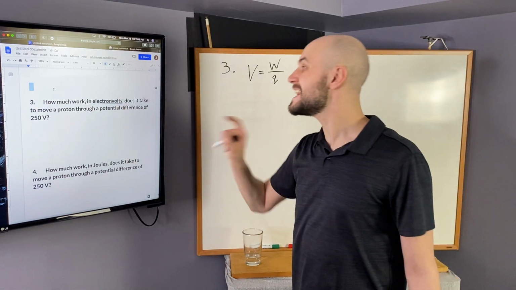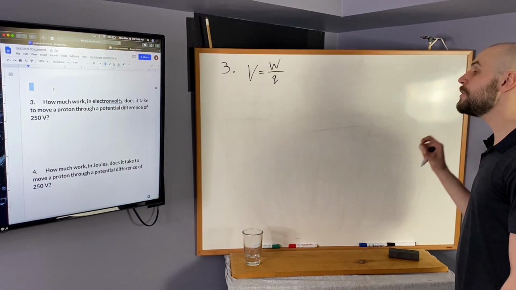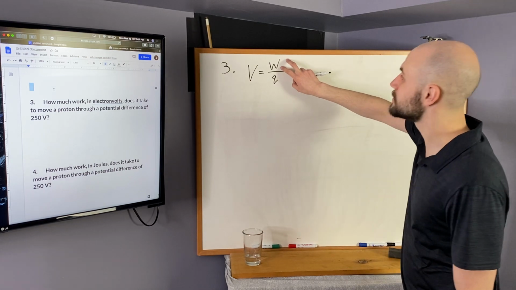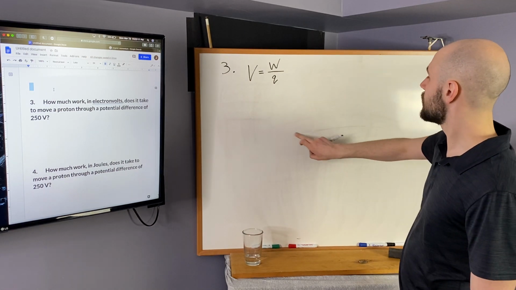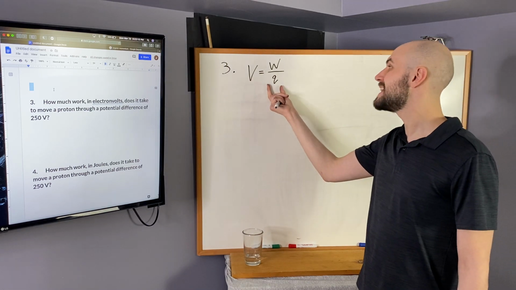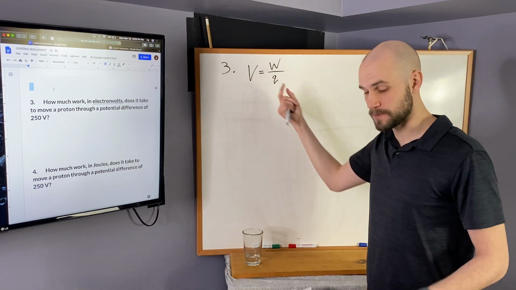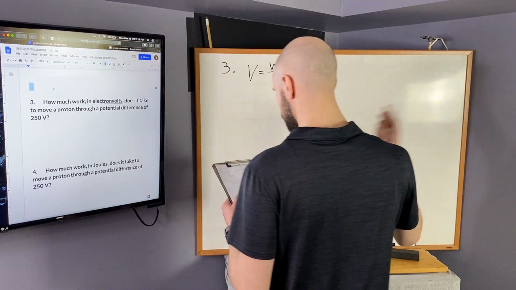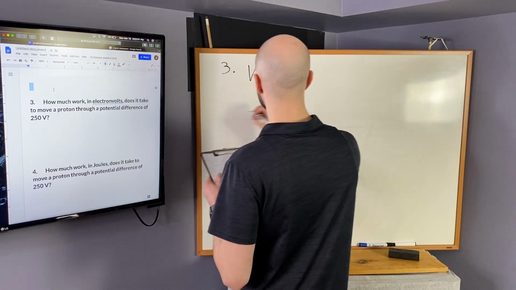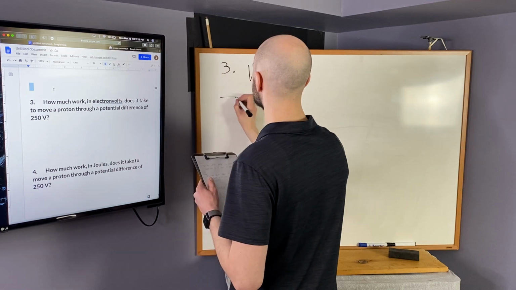We want the work in electron volts. If we want our answer to be in electron volts when we solve for the work done, we want to plug in elementary charges for Q. Okay, so before I plug in, I'm just going to write this down.